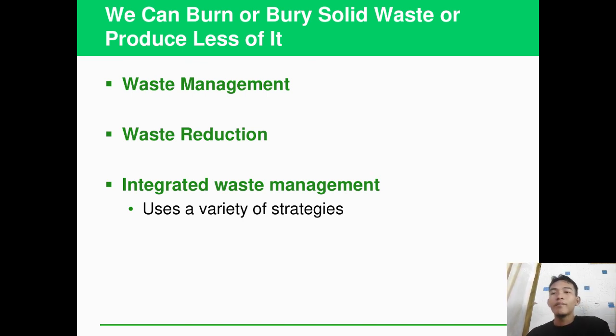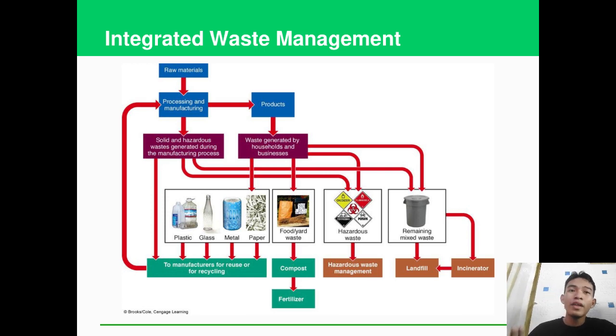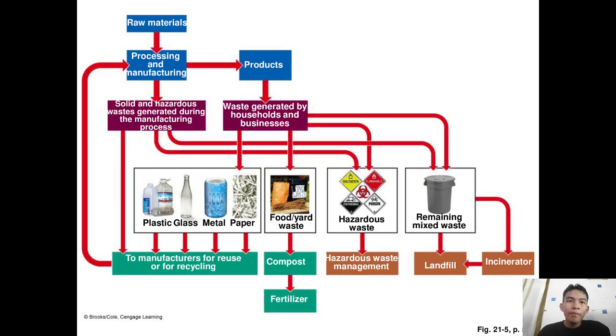So we have waste management, and next is waste reduction, and next is integrated waste management, which uses a variety of strategies. In the next slide, we have this integrated waste management, which is about how we can use those things that we throw away that are still useful to us.